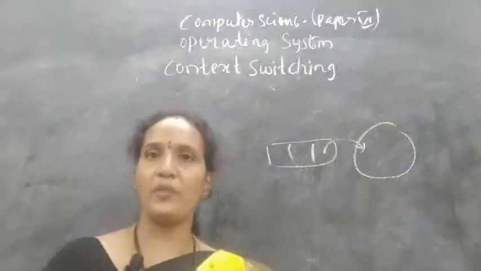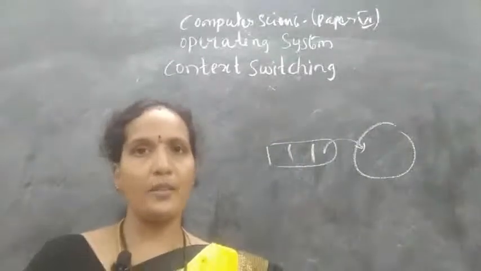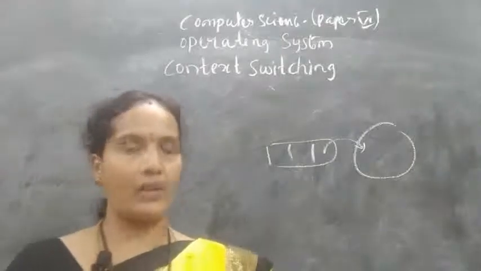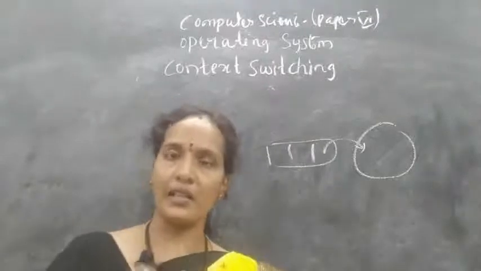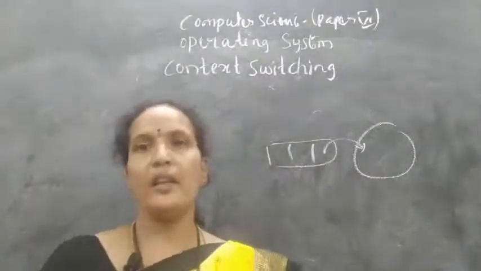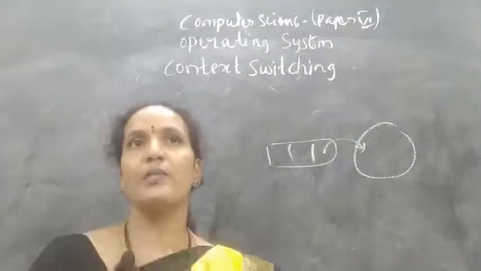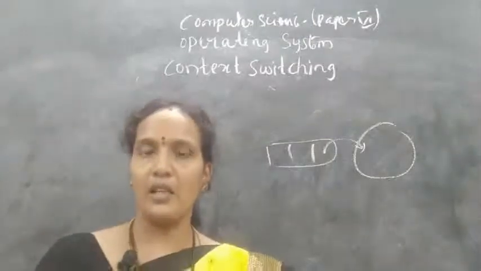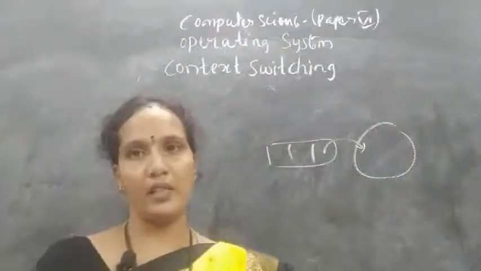The processes which are ready for execution will be in a ready queue. And if any process is waiting for an input or output device, then that will be in a device queue.